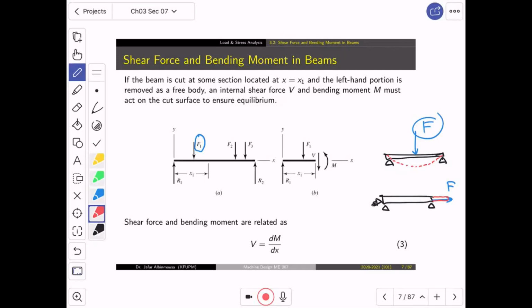The same force is causing this tension, this one bending. Also, if you look in the beam, this force is going to create internally what is like a cutting force, which is shear forces. So what happened is this.